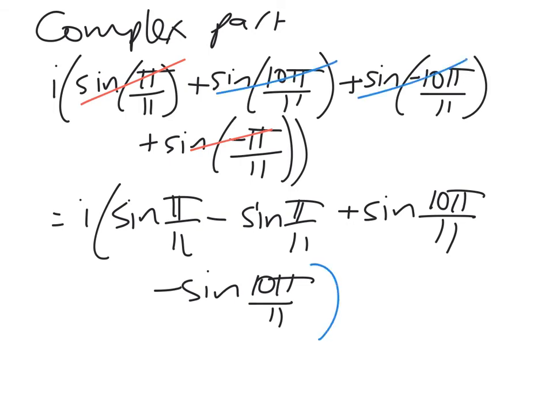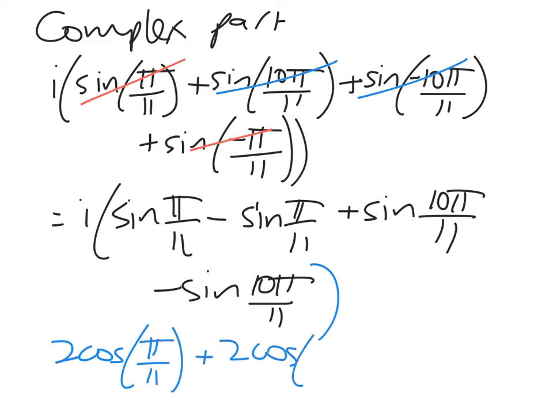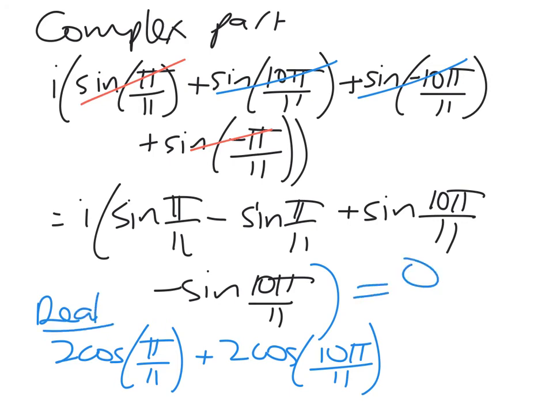So now we're down to showing why 2 cos pi on 11 plus 2 cos 10 pi on 11 is zero. So we're back to working with the real part. So that complex part was 0.